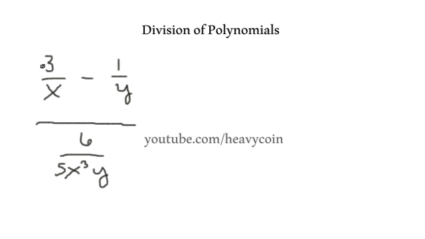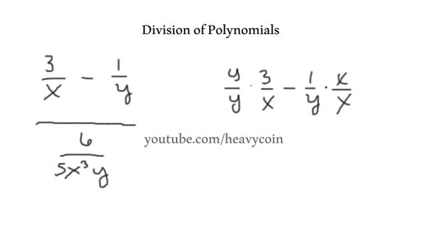I'm going to work on the numerator first. So we need to get a common denominator, and that's going to end up being, I'm going to write y over y times 3 over x, so that's y over y goes here, minus 1 over y, and of course we're going to write x over x.